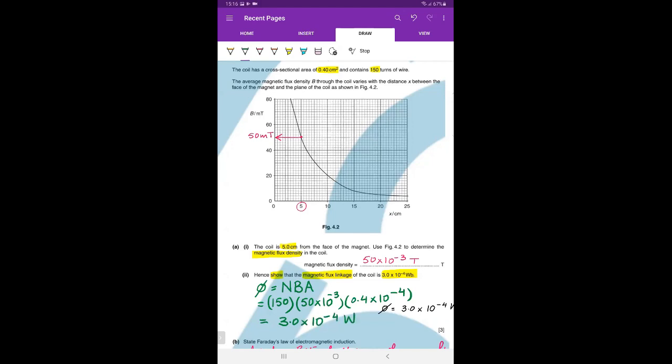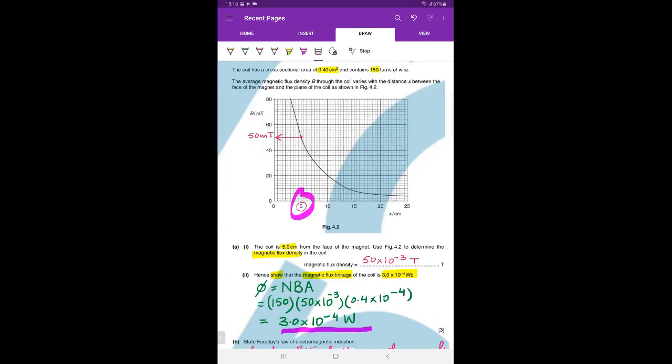I'll need this answer for a later stage. So initial वाली position पे when the coil was at a distance of 5 centimeters, mind you, the cutting effect, magnetic flux linkage amounts to this value.